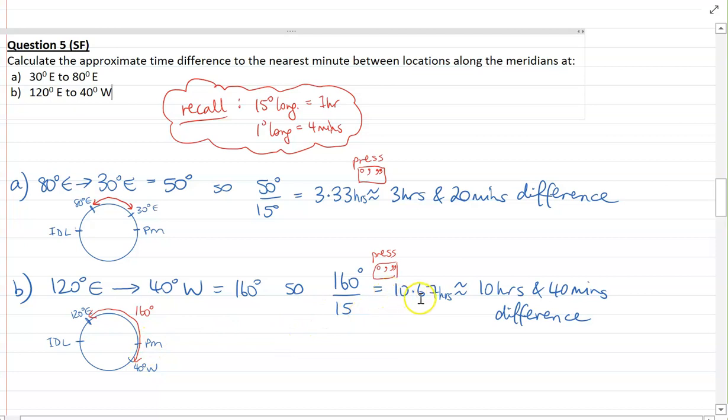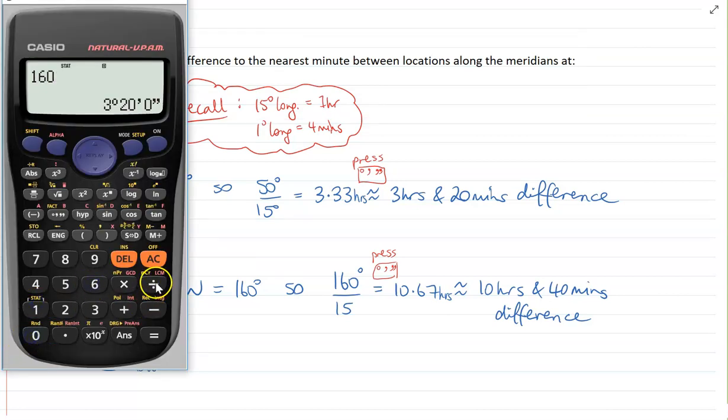Okay, so if I take that into account, 160 degrees divided by 15 gives me 10.67 hours time difference, and I can use that to convert it into hours and minutes. So that's 10 hours and 40 minutes. And if you think about it, 0.67 recurring is the same as 2/3 of an hour. So 2/3 of 60 minutes is 40 minutes.